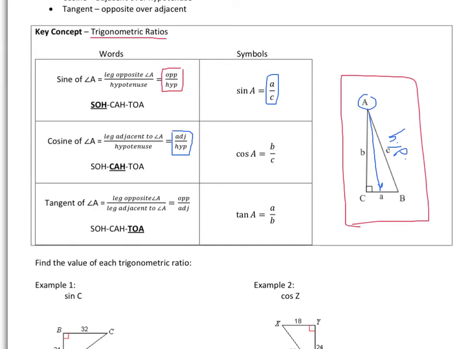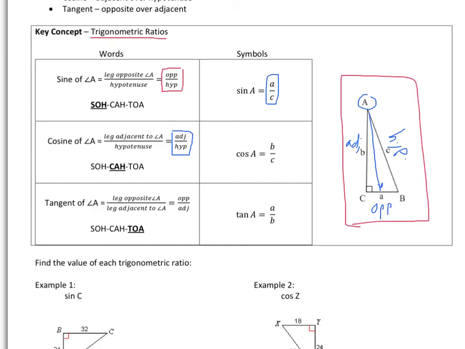Now if we're looking from A, you have three different sides to think about. Lowercase a is opposite, side C is always hypotenuse, so B would be referred to as adjacent. And I should write this in here for A, that's opposite.